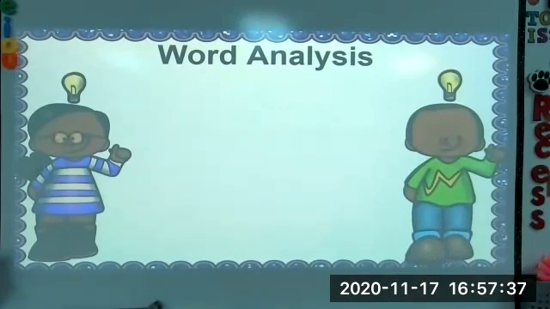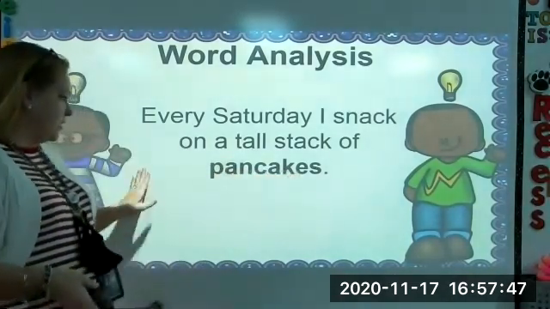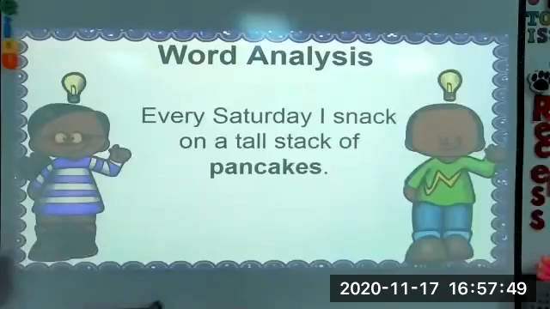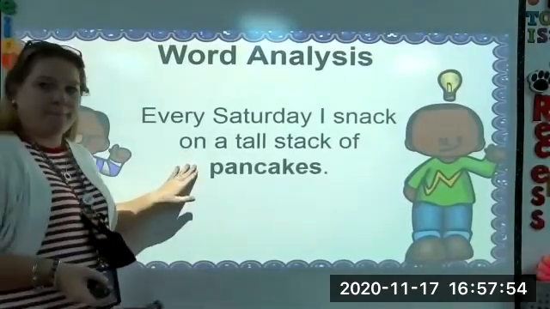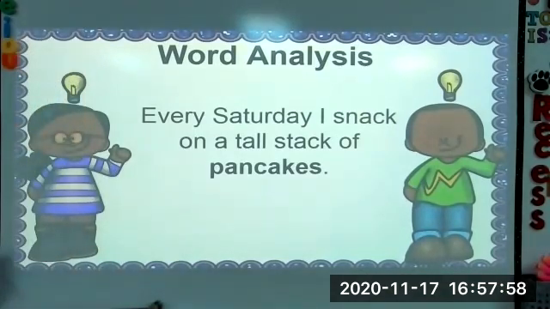All right, so here's the sentence. Every Saturday, I snack on a tall stack of pancakes. Do you see how my word pancakes is dark and bold? That's the word that we're going to focus on today. Can you say that word pancakes for me? Thank you. All right, so how many syllables are in the word pancakes?